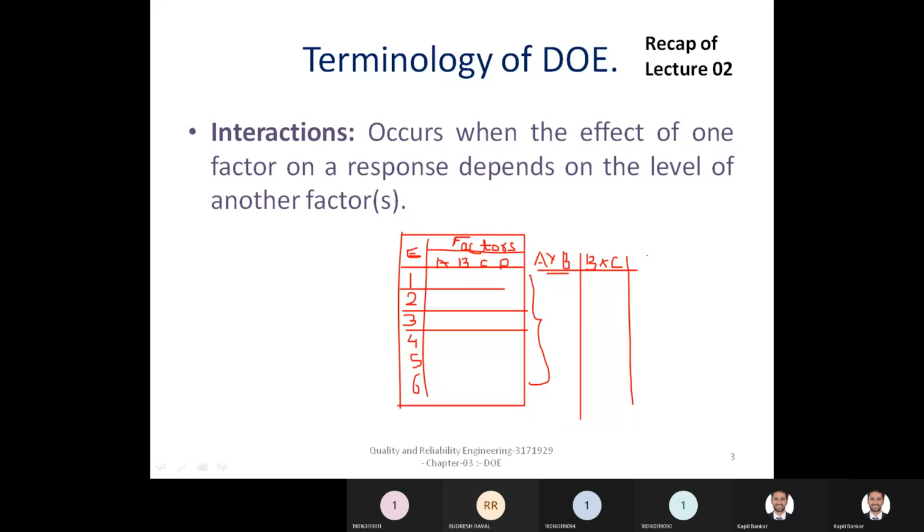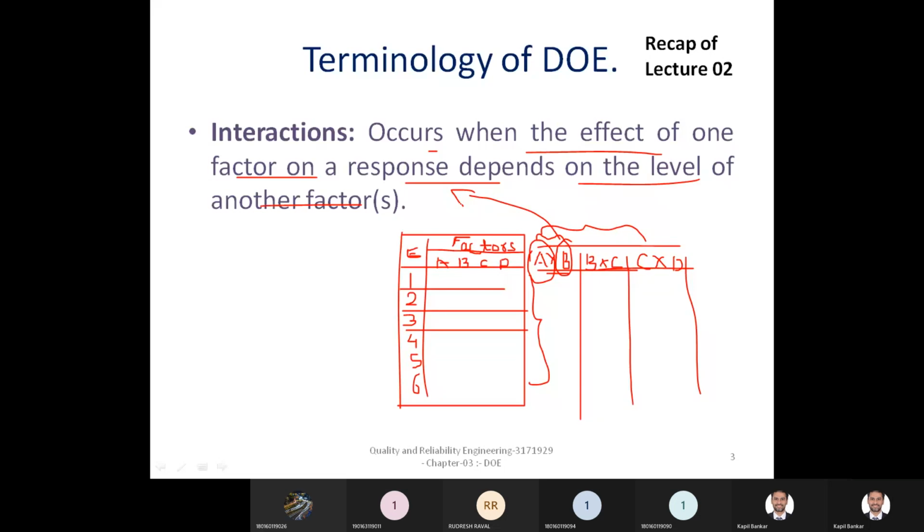Then C and D. So this is the interaction between different factors with another factor. So these are called interactions. Interaction occurs when the effect of one factor on the response depends on the level of another factor. It means the combination of this pair can develop an effect on your response. So that is called the interaction effect.